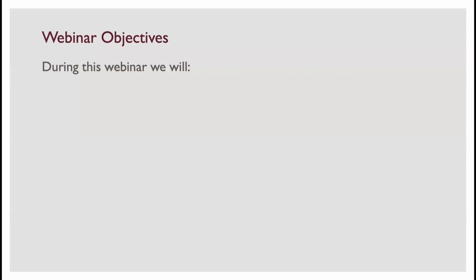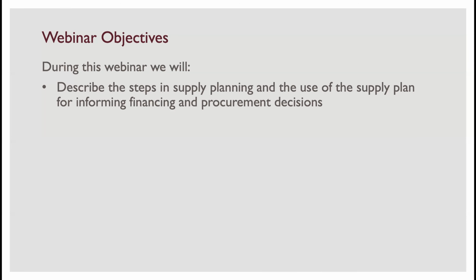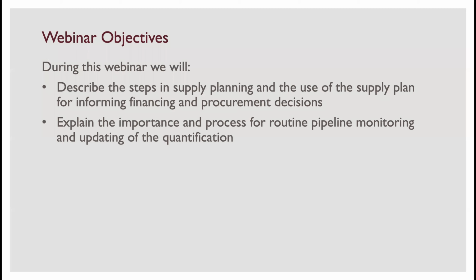Let's review the objectives for this webinar. After we do a very quick review of the Part 1 and Part 2 webinars, we will describe the steps in supply planning and the use of the supply planning for informing financing and procurement decisions. Explain the importance and process for routine pipeline monitoring and updating of the quantification.